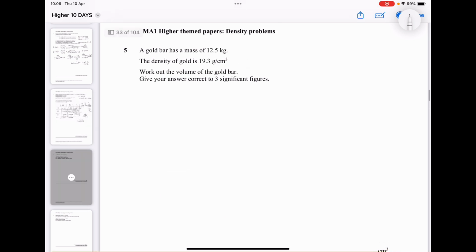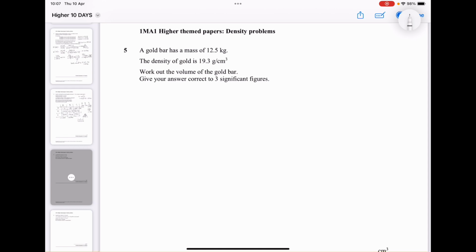A gold bar has a mass of 12.5 kilograms. Density of gold is 19.3 grams per centimetre cubed. Work out the volume of the gold bar. Give your answer correct to 3 significant figures. Of course, this question is purely about the units.